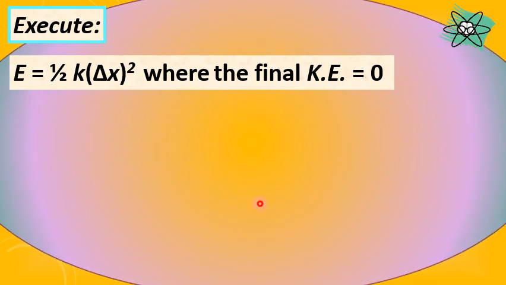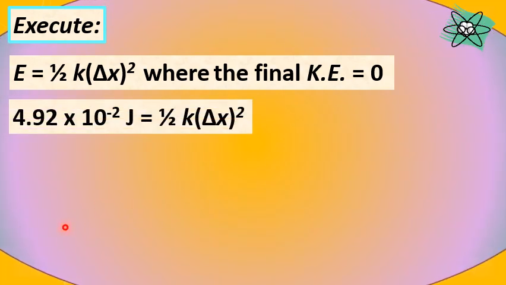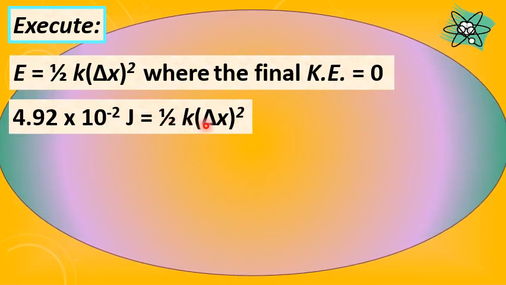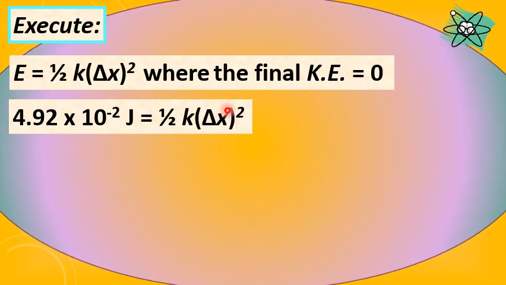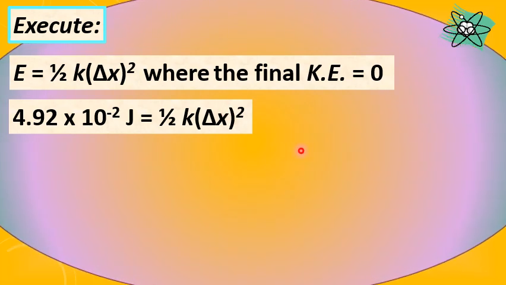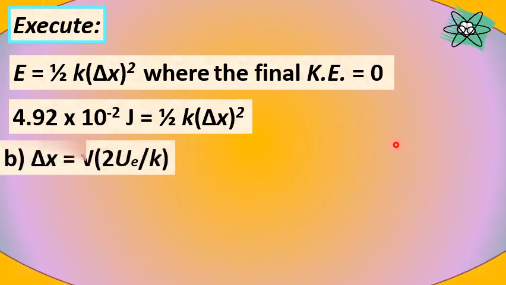So, this total mechanical energy, capital E, equal to 4.92 times 10 to the negative 2 power joules, is equated here to 1/2 K delta X squared. So, for us to finally compute delta X, this is in answer to question letter B.